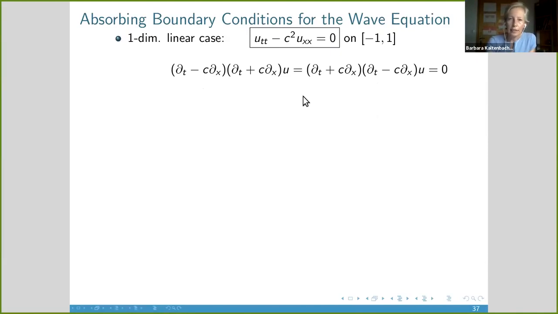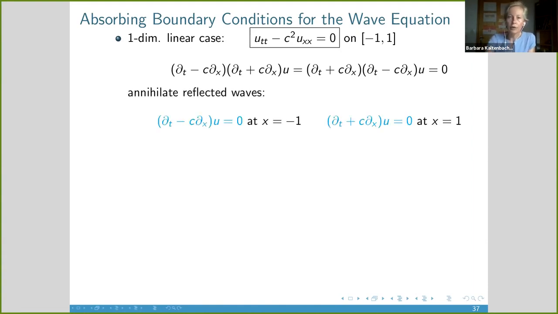And that's actually the PDE. But both of these parts correspond to two different traveling directions for the wave, going right or going left. And of course, at the boundary at -1 and +1, in order to avoid reflections, one is supposed to annihilate these reflected parts of the wave, those that would travel inside the domain.